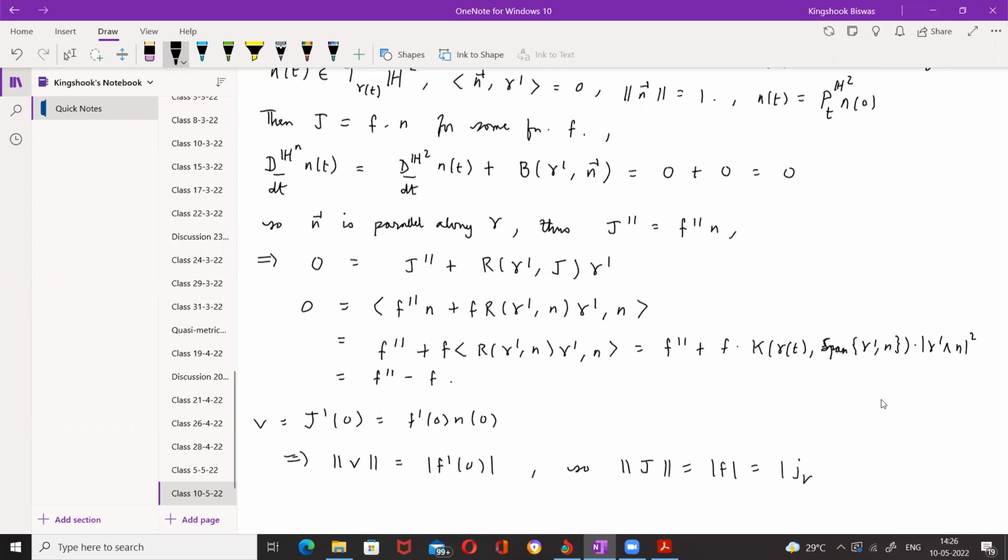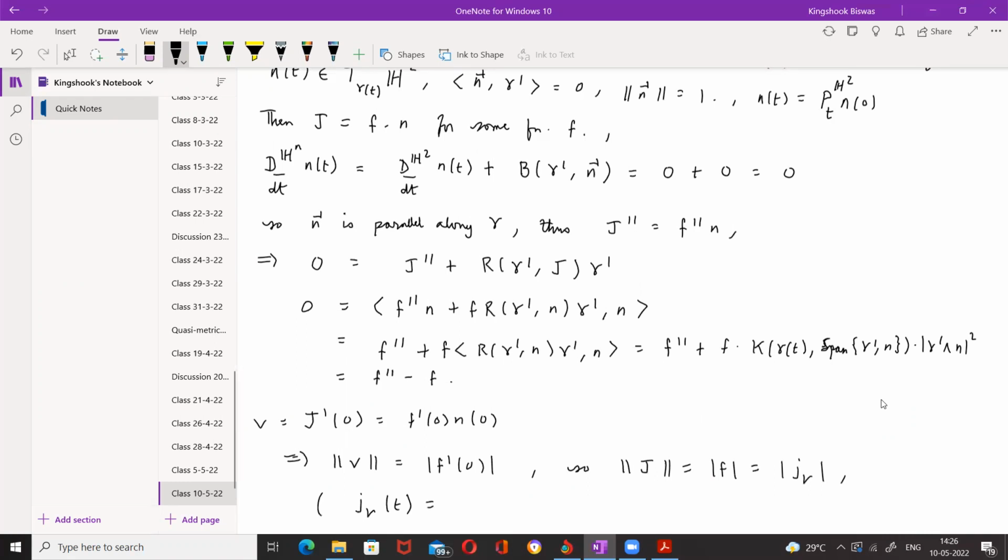Actually, what is J_R? What is the solution of this equation with initial condition f(0) equal to 0 and f prime 0 equal to R? Come on, this is a simple differential equation.